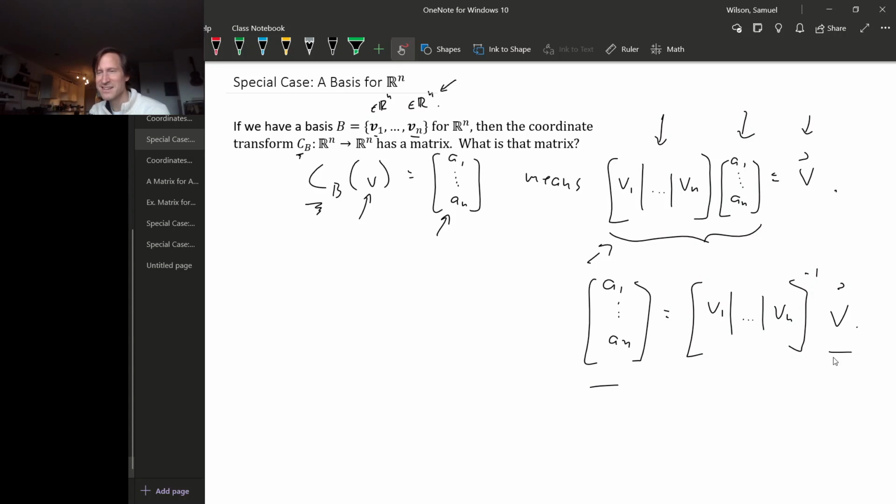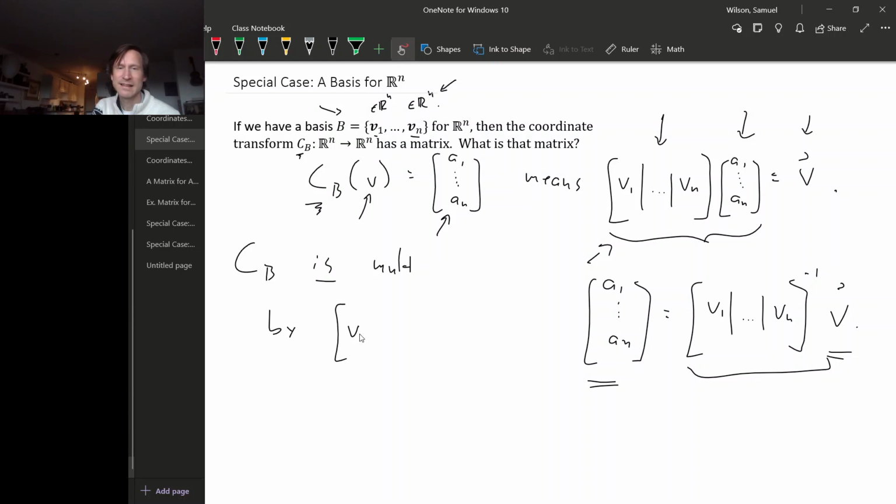On the other hand, you do it by multiplying by this matrix. So in this special case, where we have a basis for R^n, the coordinate transformation is multiplication by the inverse of the matrix that has just the basis vectors as its columns.